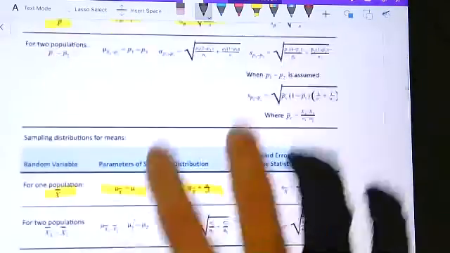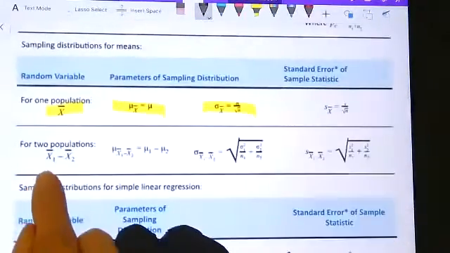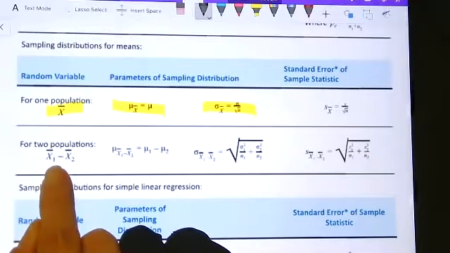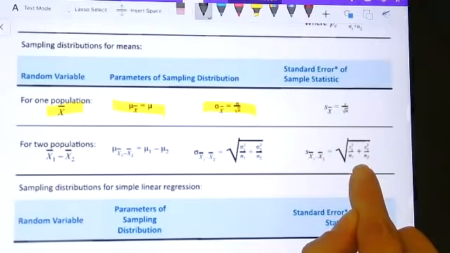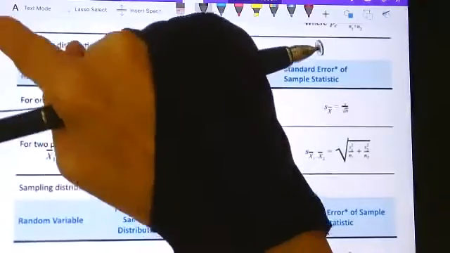So on page 2, you can see, when we're doing two populations, our statistic is x bar 1 minus x bar 2. The standard error of said statistic is the square root of s1 squared over n1 plus s2 squared over n2. So if you ever had to use the formula to do it by hand, that's where you can find the pieces that you need.